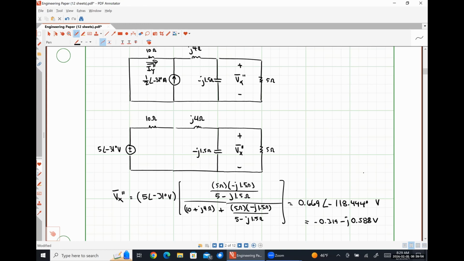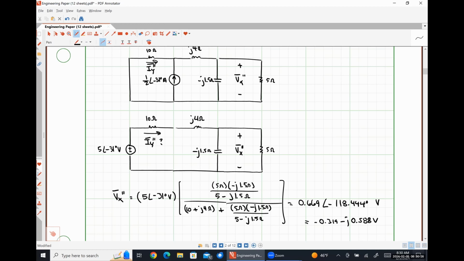So IY double prime. Ohm's law. I am not sure that that's going to work. Let's try. Okay. So Brennan, what I think you're suggesting is that this current right here is IY double prime.